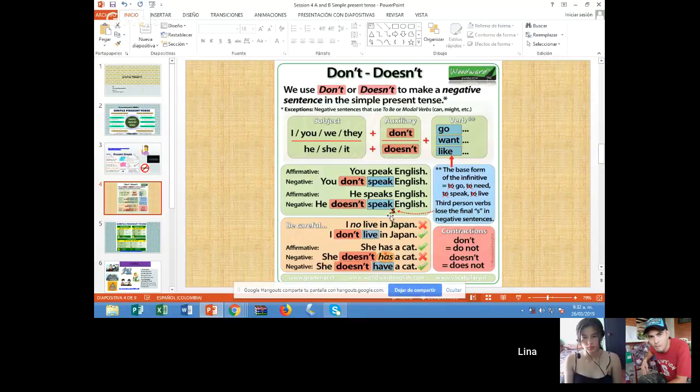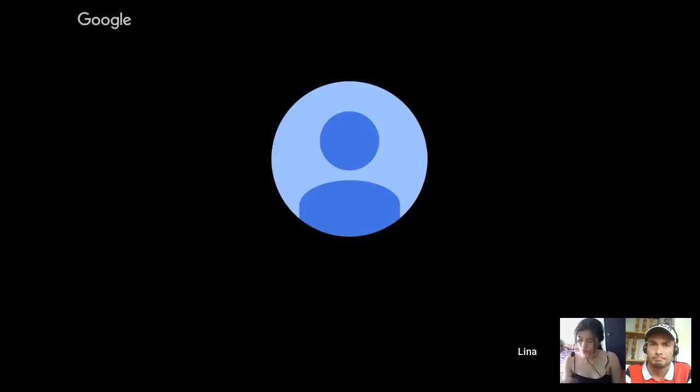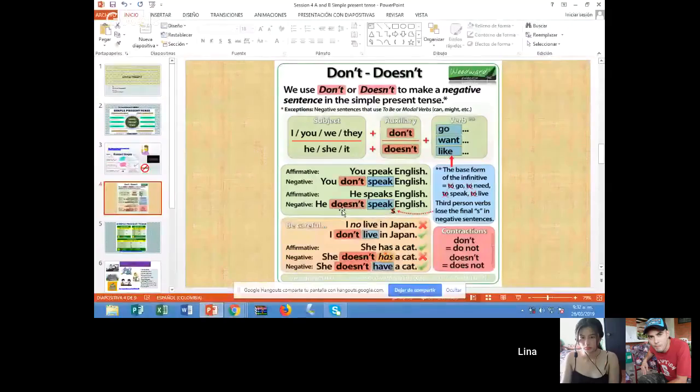The same thing that I explained before. We don't add the S in negative. We add doesn't speak. The third person verbs lose the final S in negative sentences and also in questions, because we don't add the S, we add do or doesn't.